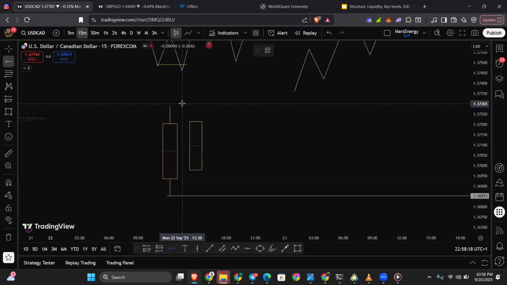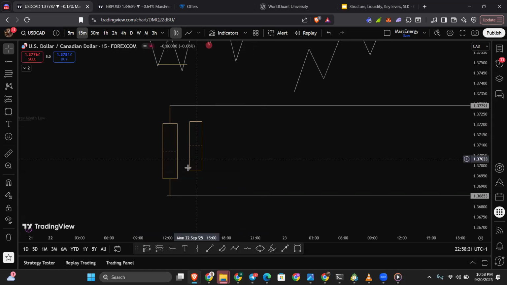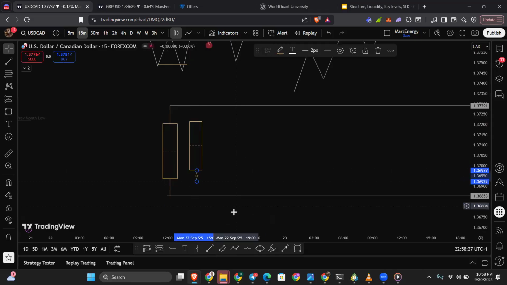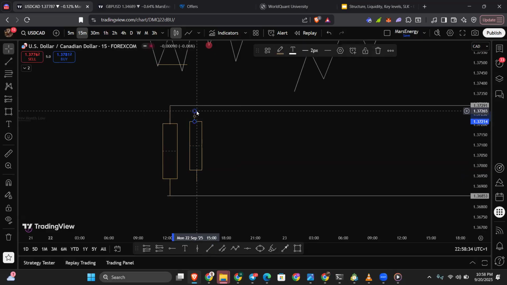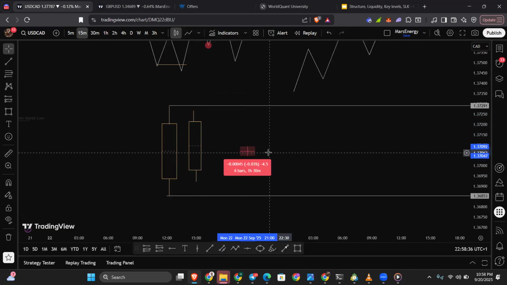Once you see that it's within the range of this candle, just know that this is an inducement. As long as it did not close above, you just know it's an inducement. I think one of the moves I had on XAU on Friday was actually using this single candle inducement.